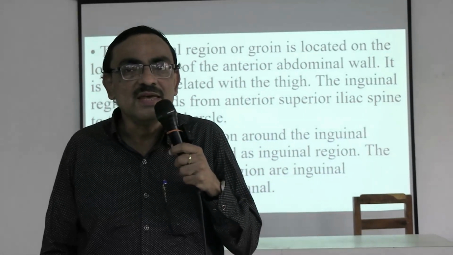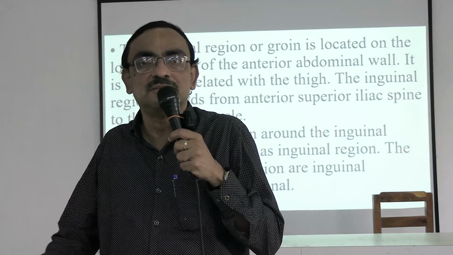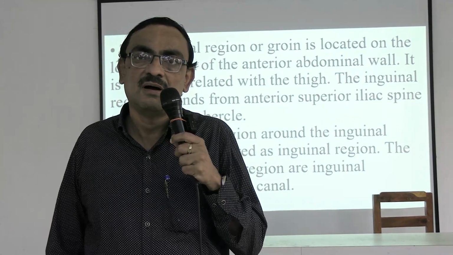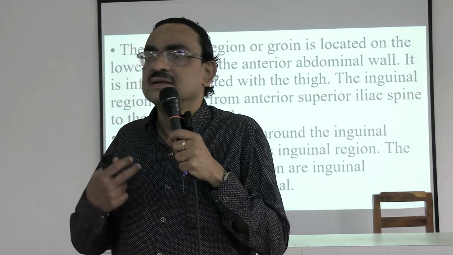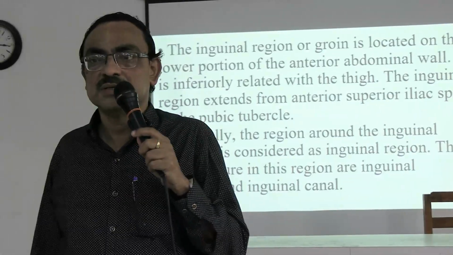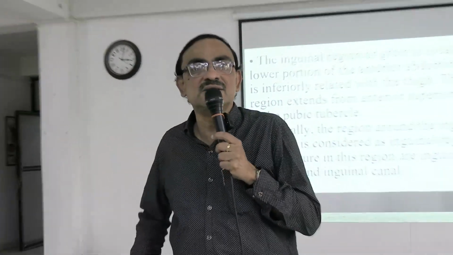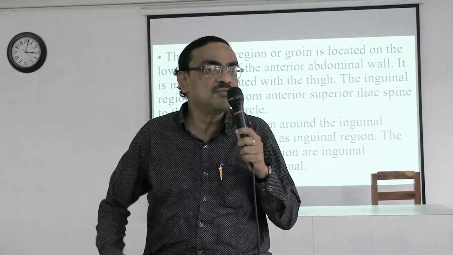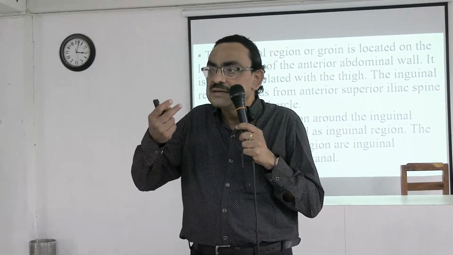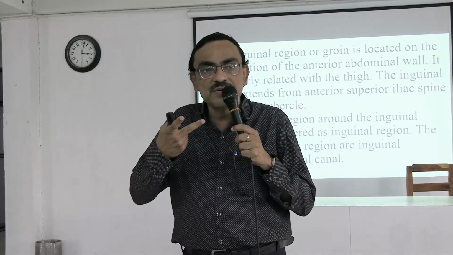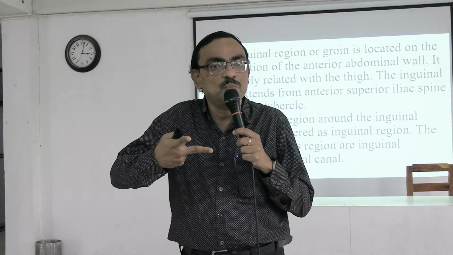So here, when we are removing the triangular skin, we will get the superficial fascia. And in this region, that means below the level of the anterior superior iliac spine, this superficial fascia is split into two parts.